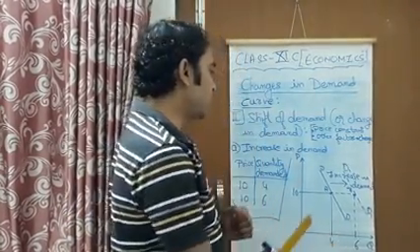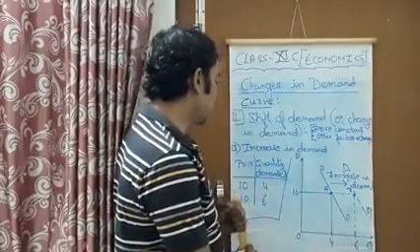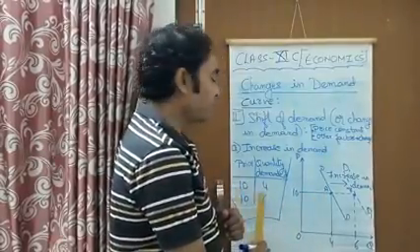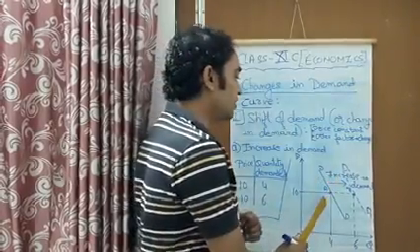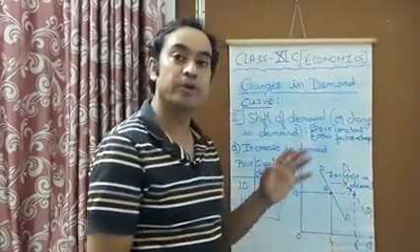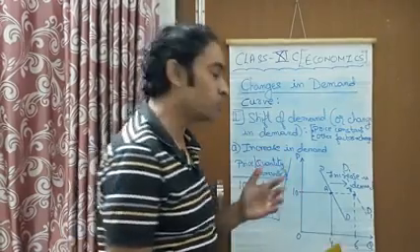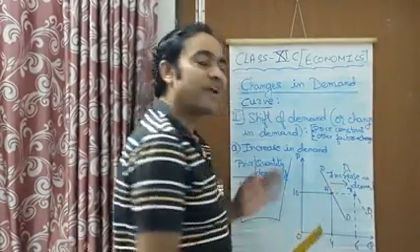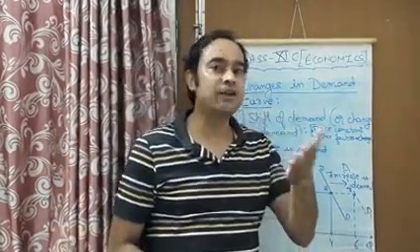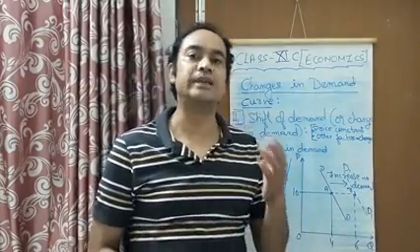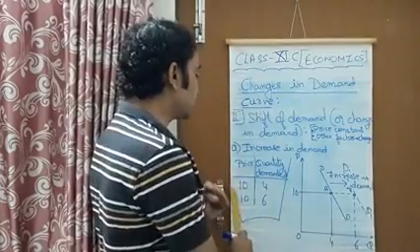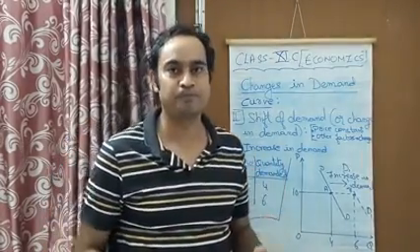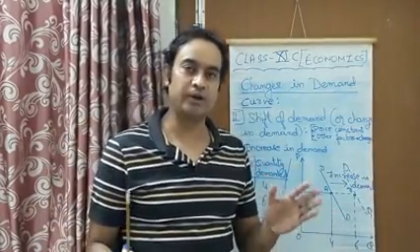And this is why you can see that the price of the commodity is remaining constant here, but due to the increase in the income of a consumer, the consumer is demanding more of superior quality goods or normal goods, and this is showing a rightward shift in demand due to another factor, income. But the price of the commodity is remaining constant here. You can see 10 and 10.